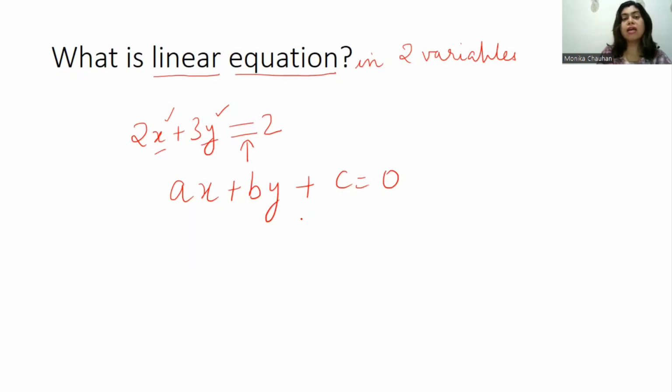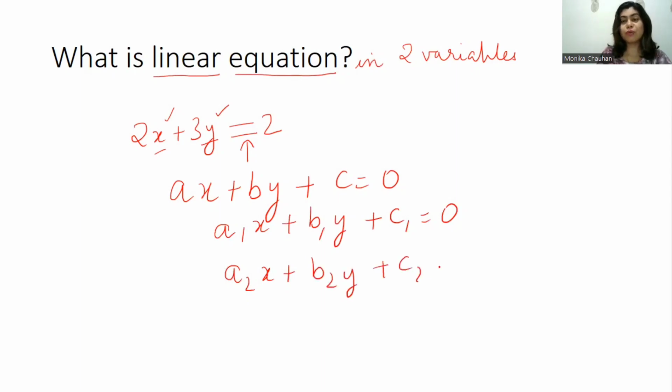Or if you want to show that there are two equations, because you're going to solve two equations altogether, simultaneous linear equations, you will write like this: a1x plus b1y plus c1 is equal to 0. And the second one, a2x plus b2y plus c2 is equal to 0.